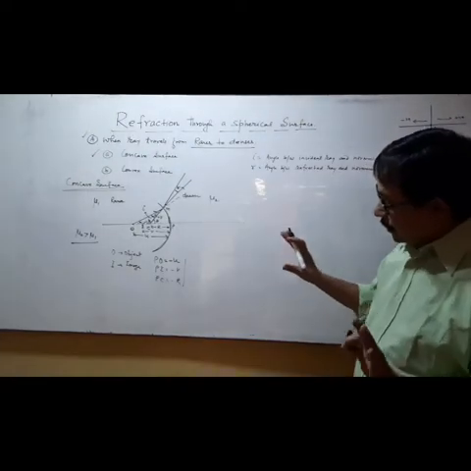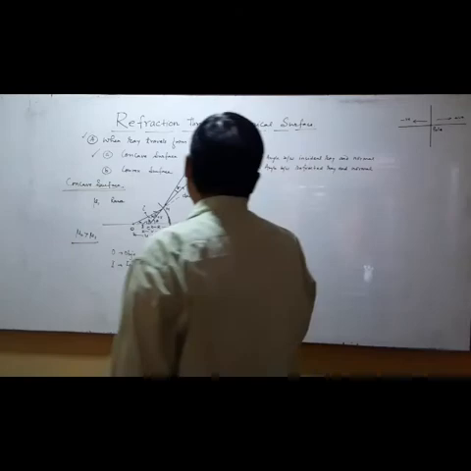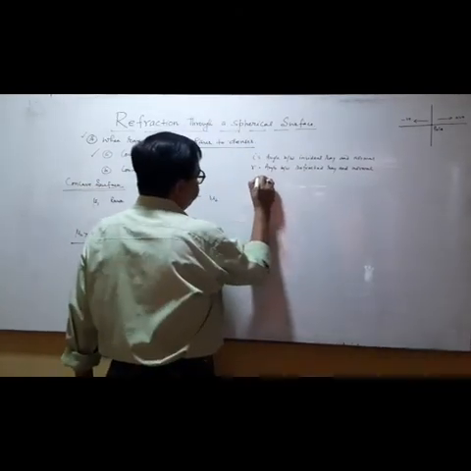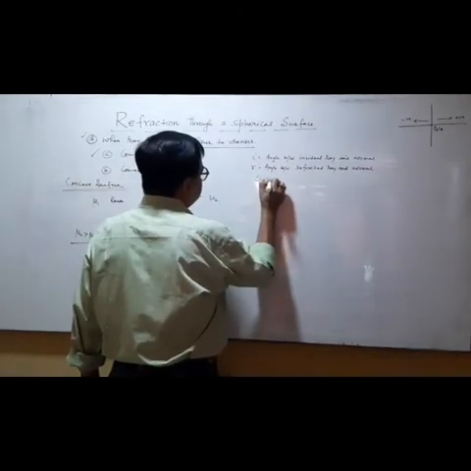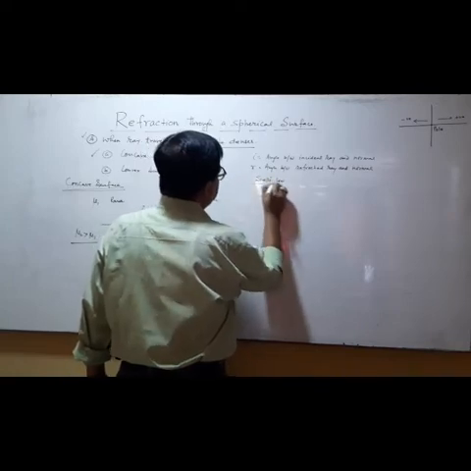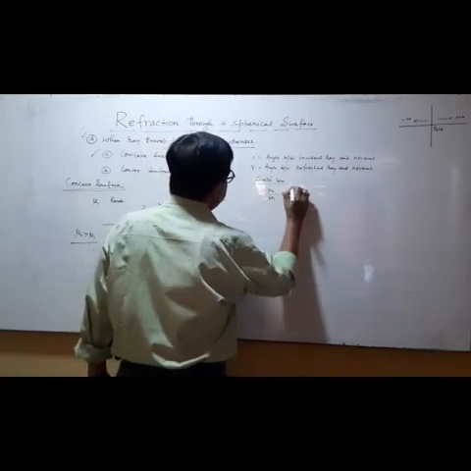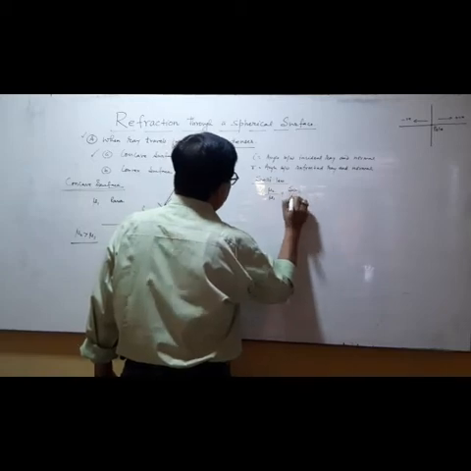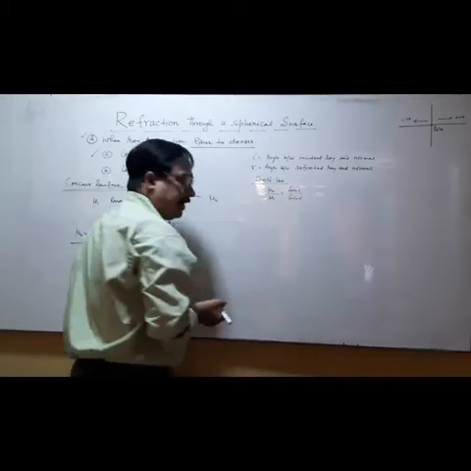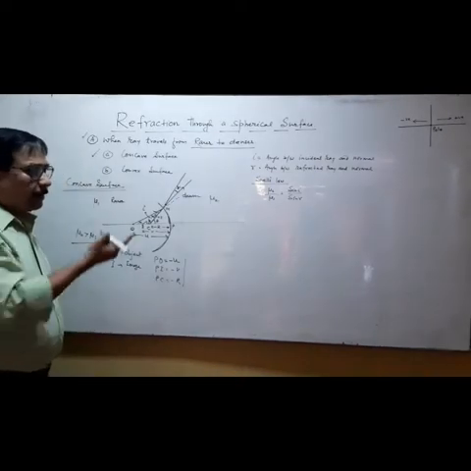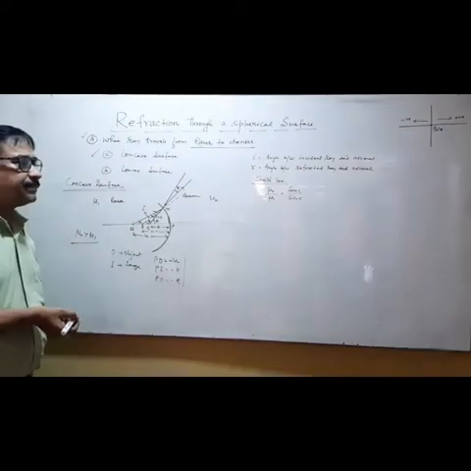Okay, now see. First we have to write Snell's law. Snell's law says mu2 by mu1 is sine I upon sine R. This we have completed in the previous class.